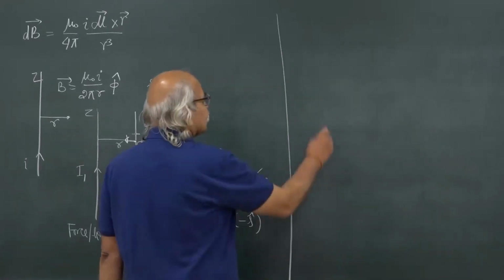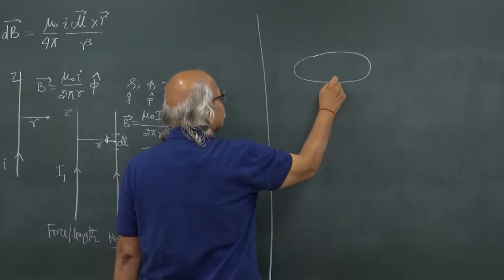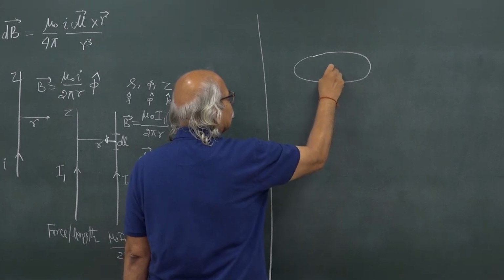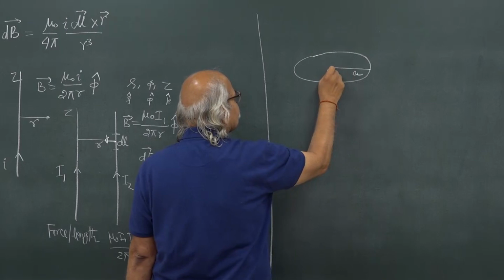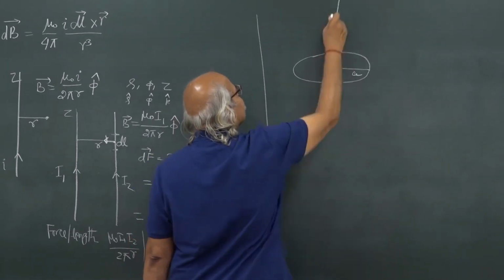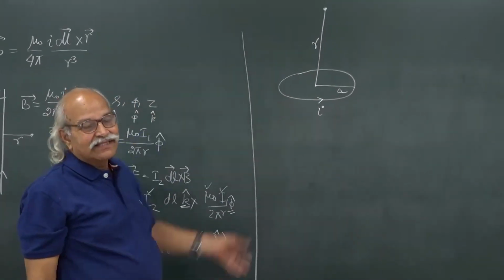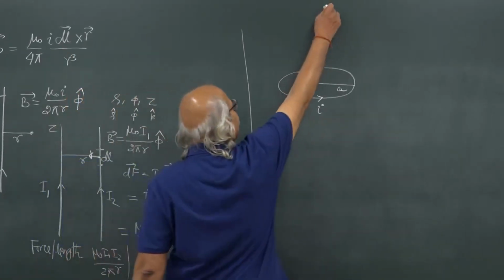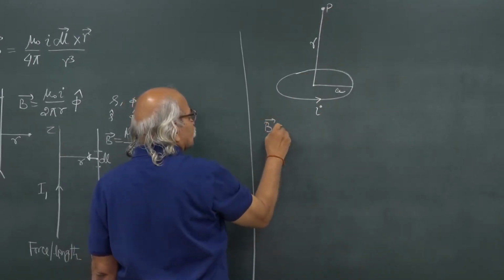So, we had a circular current, this is the circuit and there is a current I, and the radius of this is a, and we wanted the magnetic field at a certain point at a distance r from the center along that axis, and then we derived the magnetic field at this point. The magnetic field is what?